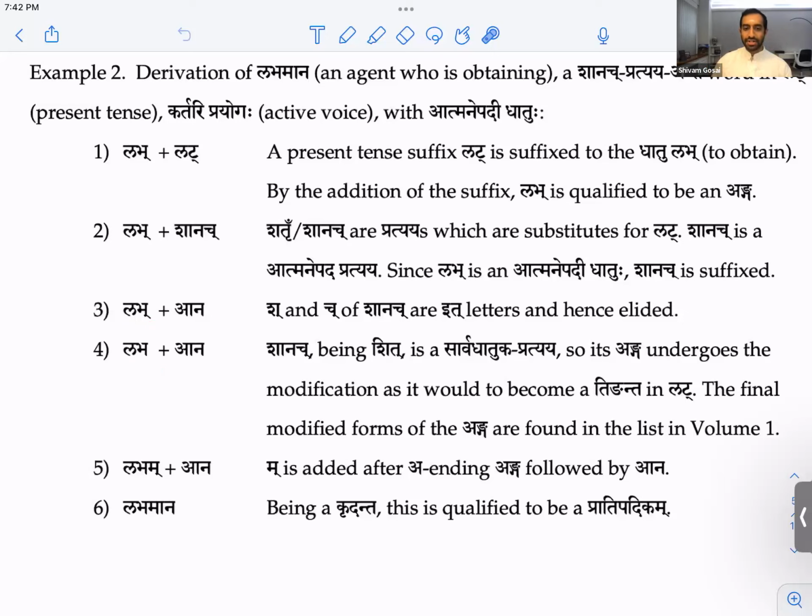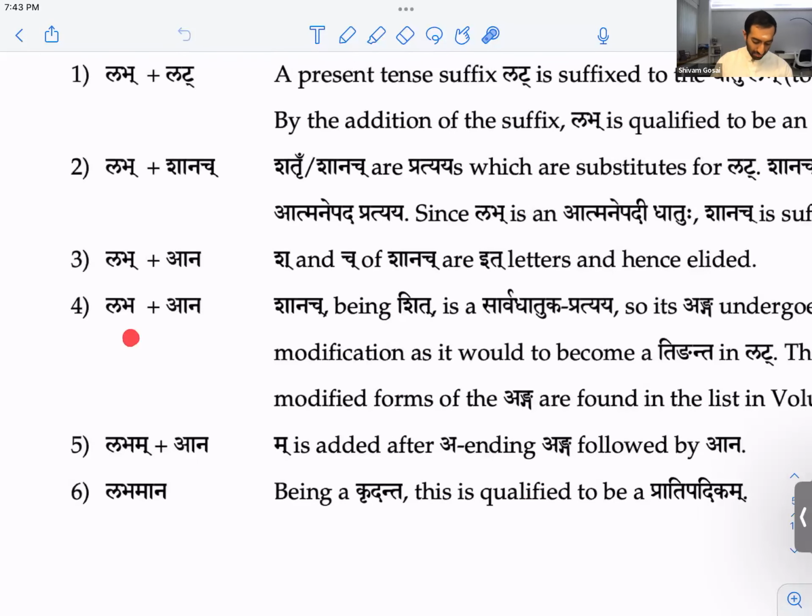Now, this is a particular thing. When it ends with akara, you're going to add makara. Ma is added after an a-ending anga, followed by ana. So labha becomes labham. You add makara because it's ending with a here, labha. So labham plus ana, finally together it becomes labhamana.